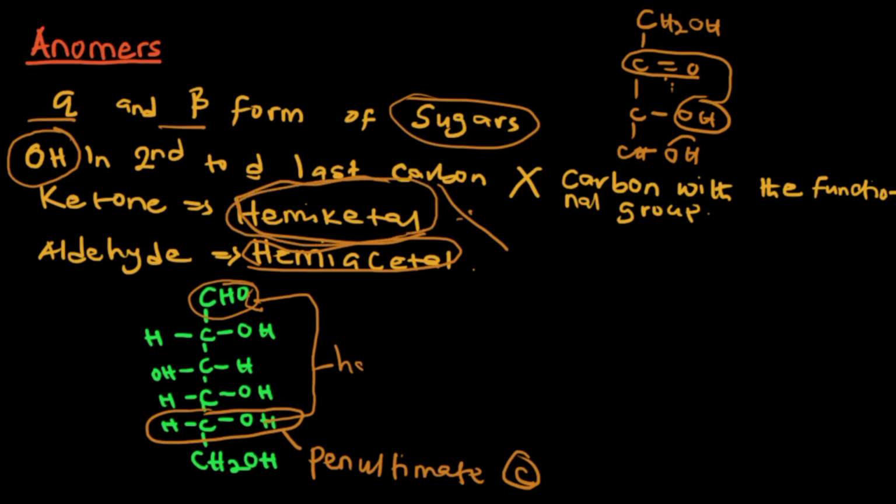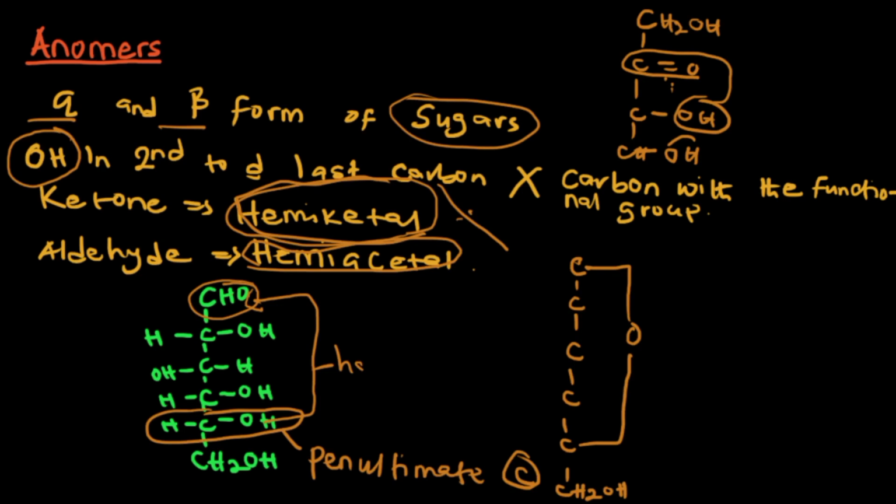So let's see what happens in the case of glucose if this kind of reaction happens. Let me draw a glucose backbone here: carbon 1, carbon 2, carbon 3, carbon 4, 5, and the last carbon. This is the reaction that is going to happen. I have an oxygen bridge here, and then this bond attached.